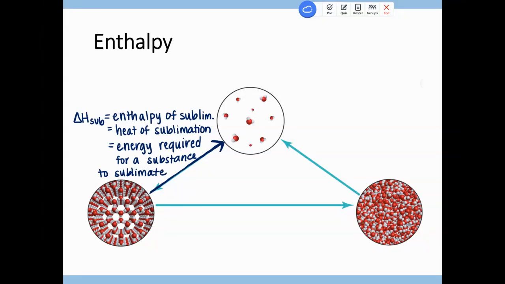So for a certain amount of a specific substance, some amount of energy is required for that substance to go from a solid to a gas. If the substance is starting as a gas and becoming a solid, that's releasing energy, and you would use heat of sublimation but give it a negative sign because it's the opposite phase change.